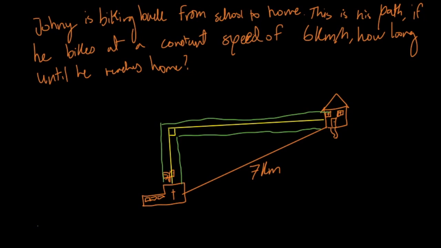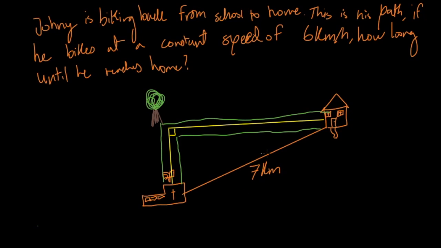And let's say here there's a really famous tree. So here there's a big tree. So the tree is 1 point, the school is 1 point, and then his home is 1 point. So as Johnny is biking back, he wants to know how long it's going to take, or you want to know how long it's going to take.